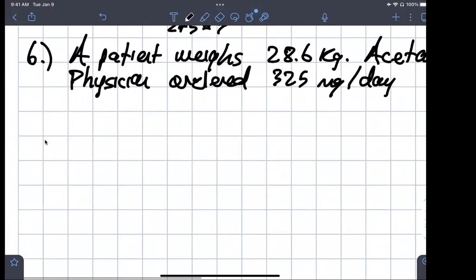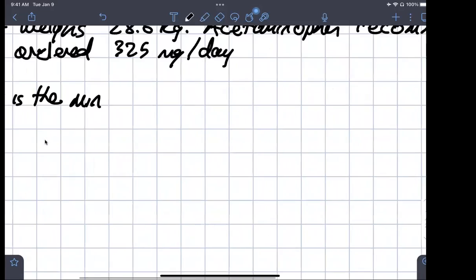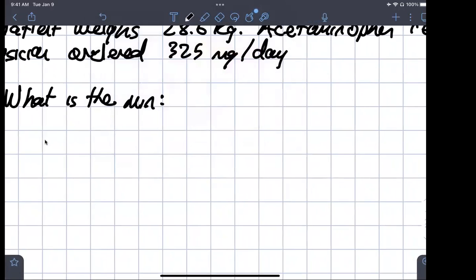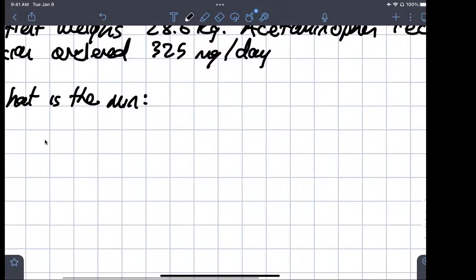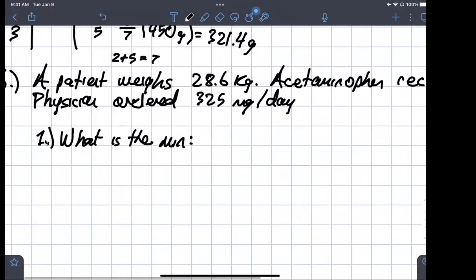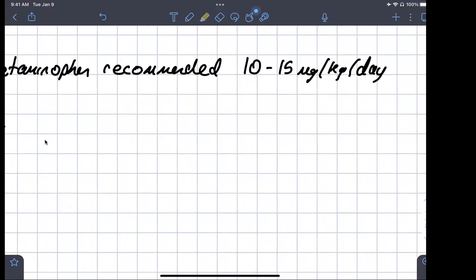The first thing you have to think of is, you got it, what is the min accepted dose? So I'll put min, but it is the minimum accepted dose. Okay, so we have to ask ourselves, how is this medication dosed? Well, it's based on the patient's weight. What is the patient's weight? It is 28.6 kilos. So we will take 28.6 kilograms, and the acetaminophen is dosed in either 10 or 15.